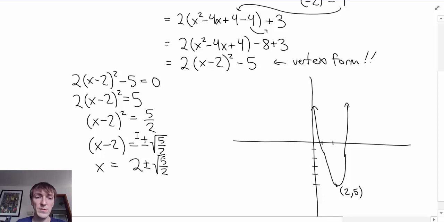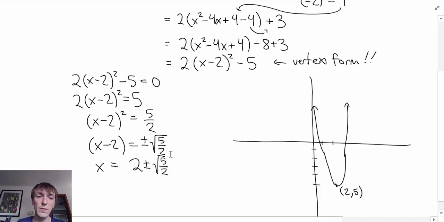Then I'll divide by 2. Now I have a square here, so when I take the square root, I have to remember that there's both a plus and a minus square root of any positive number, so I need both of those because I'm looking for all solutions. And now I just move the minus 2 to the other side. So I end up with x equals 2 plus or minus the square root of 5 over 2.